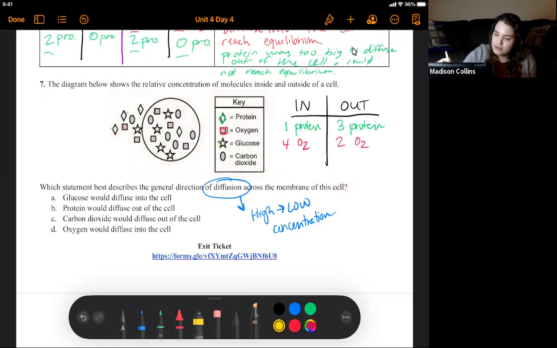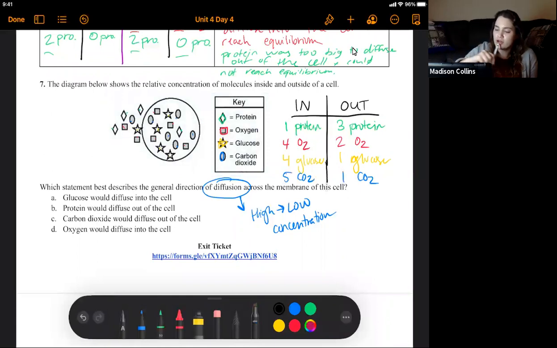For glucose, it's a star. We have 4 molecules of glucose inside the cell and 1 molecule of glucose out. And finally, for carbon dioxide, we have 5 molecules of CO2 in and 1 molecule of CO2 out.